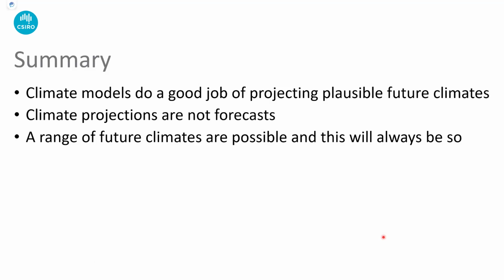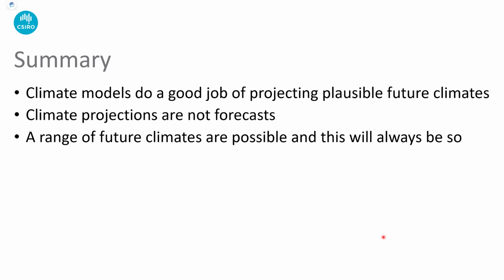So to wrap up, climate models do a pretty good job of projecting plausible future climate states, but they're projections, not forecasts. We can't tell you what the annual average temperature is going to be in 2065. We can't tell you if the 2070s are going to be dominated by El Nino or La Nina, but we can talk about the mean state of the climate.